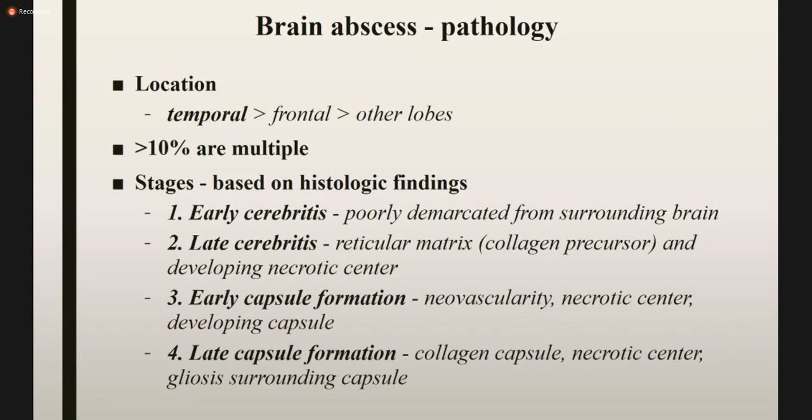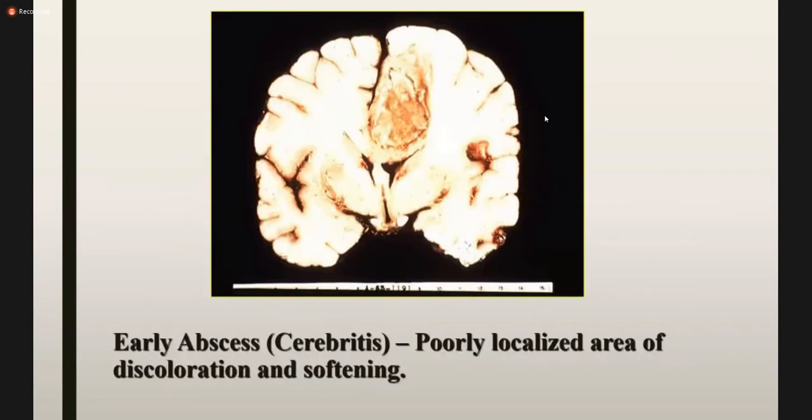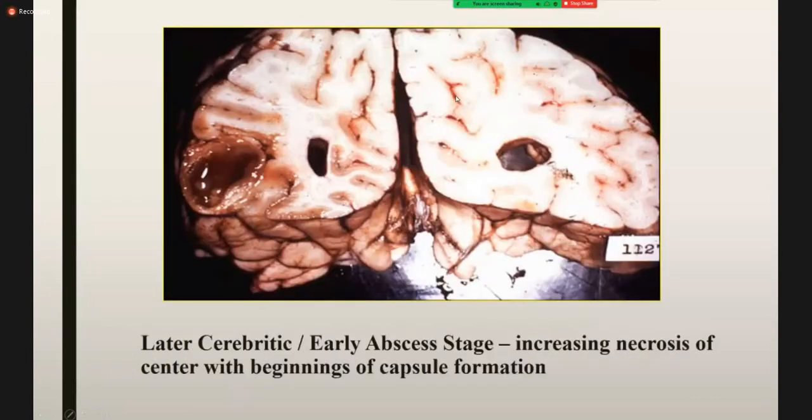capsule. This is the MRI brain gross picture. This is the area of early abscess or cerebritis, poorly localized from the brain parenchyma, an area of discoloration and softening. This is the early cerebritis. Later cerebritis means increasing necrosis of the center with beginning of capsule formation.